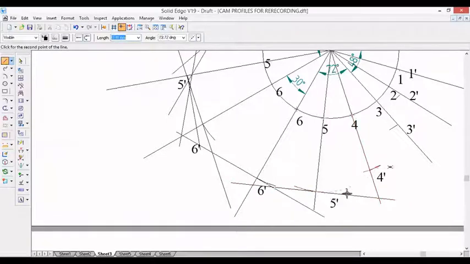Tangent to 4 left hand side, tangent to 4 right hand side, tangent to 3 left hand side.